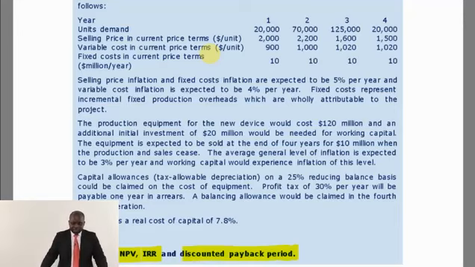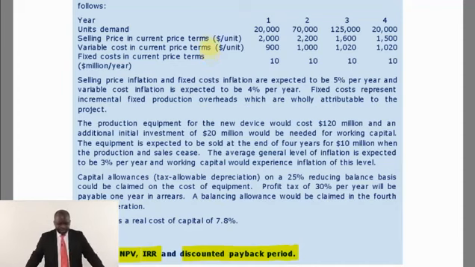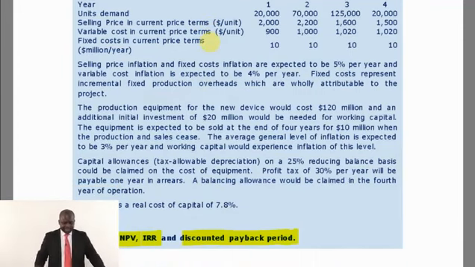The production equipment for the new device will cost 120 million, and an additional initial investment of 20 million will be needed for working capital. The equipment is expected to be sold at the end of 4 years for 10 million when the production and sales cease. The average general level of inflation is expected to be 3% per year, and working capital will experience inflation of this level.